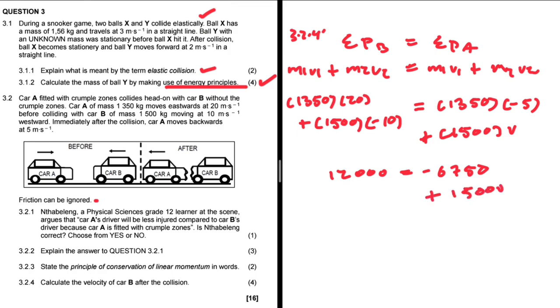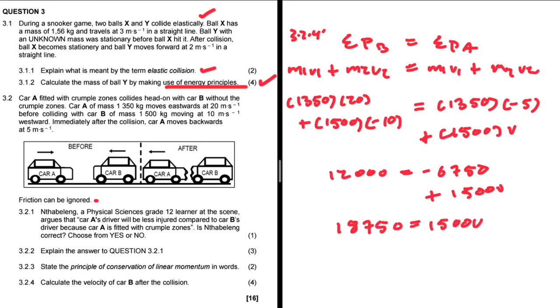So I need to take 6,750 to the left hand side, so it's going to become positive, right? So let me just do that math. I'm getting 18,750 being equal to 1,500 v.